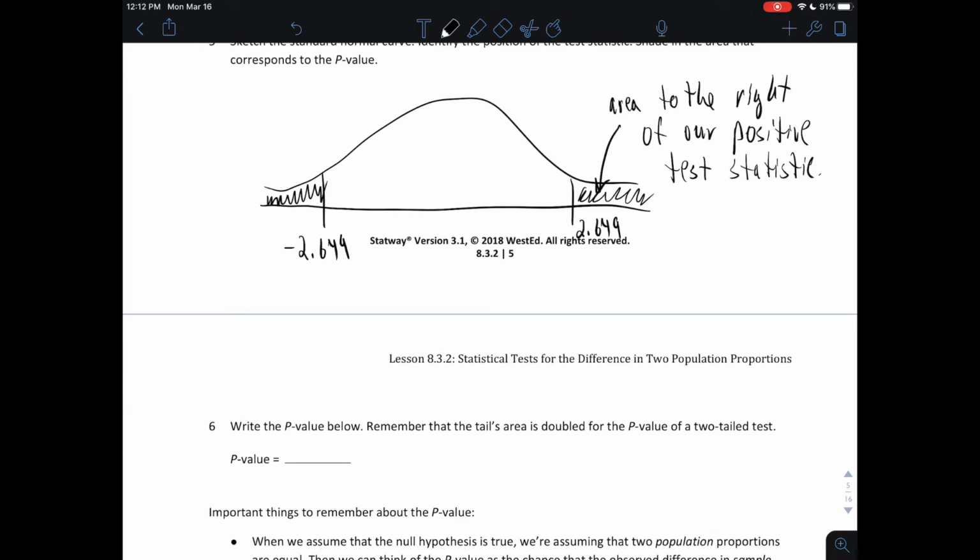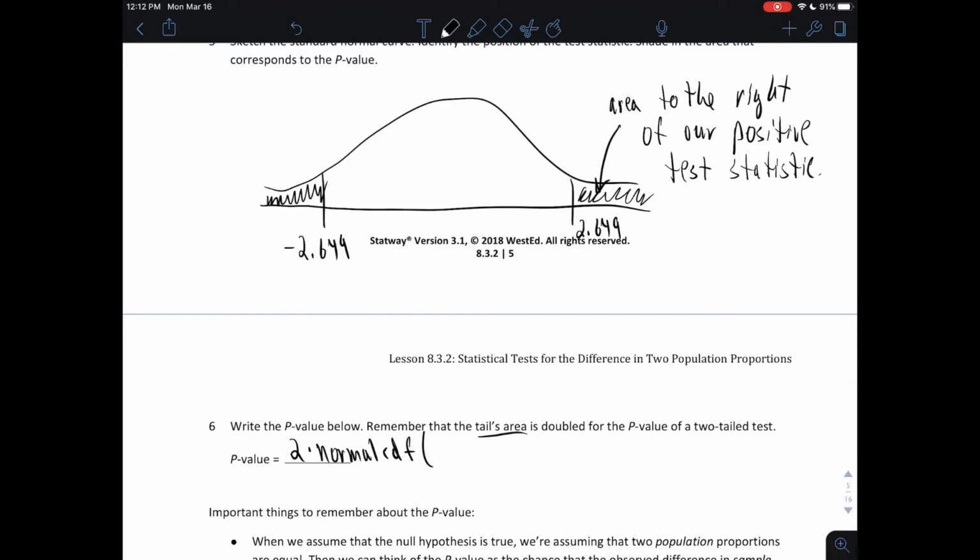So number 6, write the p-value below. Remember that the tail's area is doubled for the p-value of a two-tailed test. So for this, let's just remember how we found those areas. We're going to multiply that area by 2, and the way that we found that area before was normal CDF.